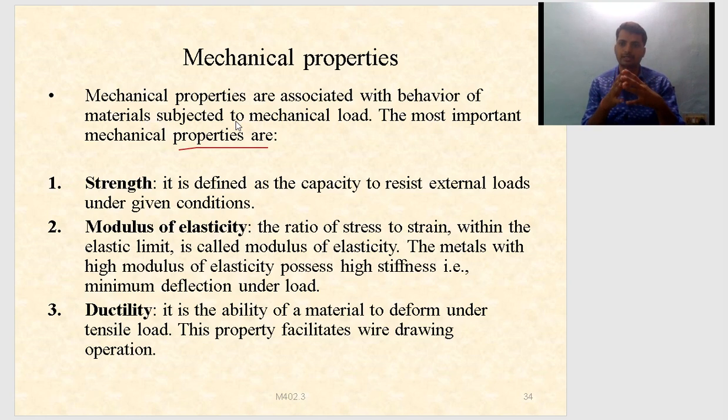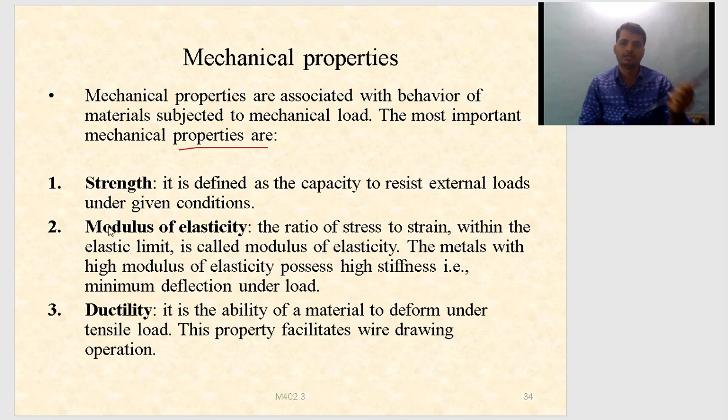Once we know the mechanical property, we can use it in any kind of work. This has some strength. If I apply the same load on plastic, it definitely breaks. In other cases, if I use the same load on glass, it will break. So every material has some mechanical properties.